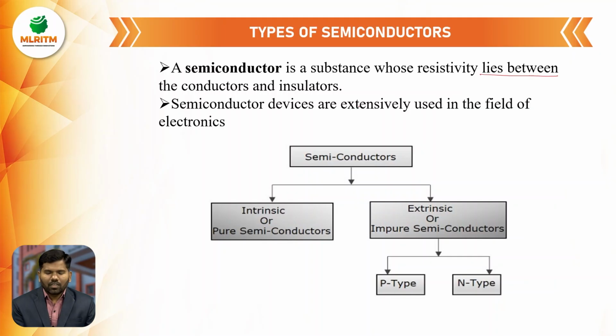Semiconductors are divided into two types: intrinsic semiconductors, also called pure semiconductors, and extrinsic semiconductors, also called impure semiconductors. These extrinsic semiconductors are again of two types: p-type semiconductor material and n-type semiconductor material.